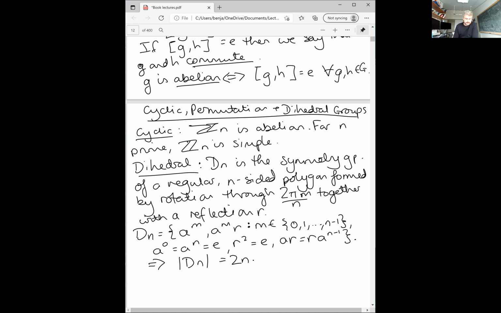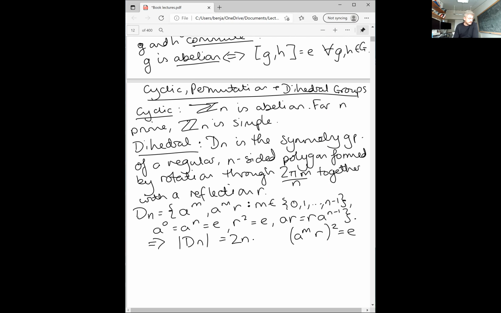And you can notice various things about these. If you think about it geometrically, you'll be able to convince yourself that a to the m composed with a reflection, first squared, is the identity, for example. This makes sense if you think about it geometrically.